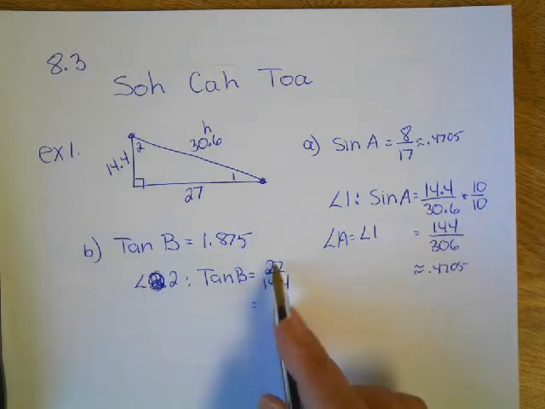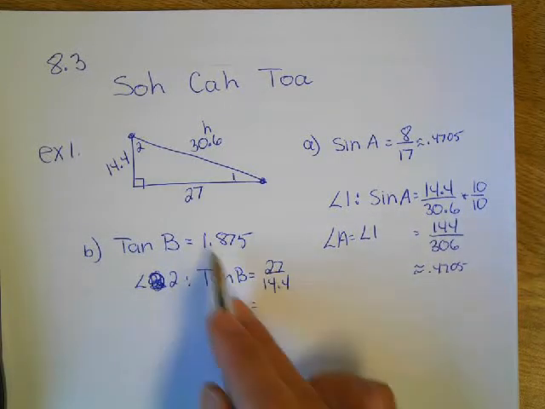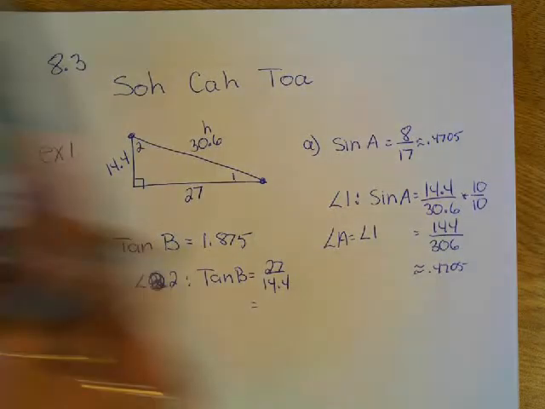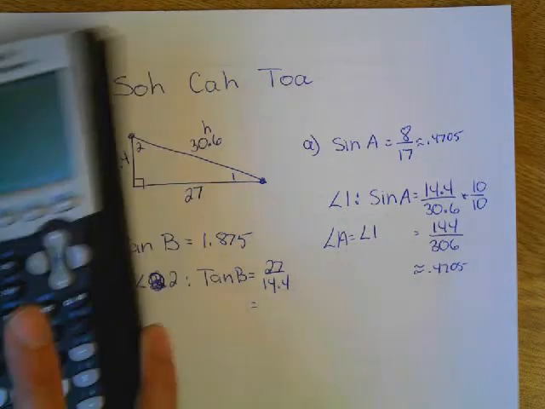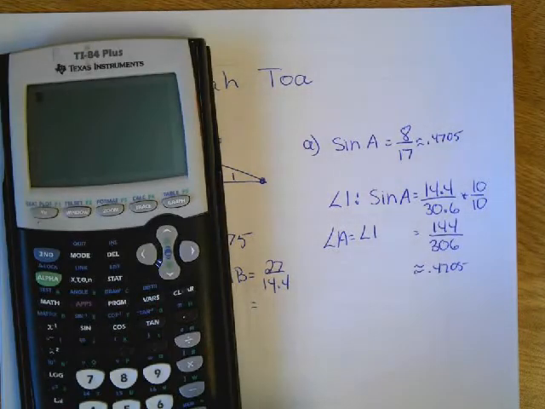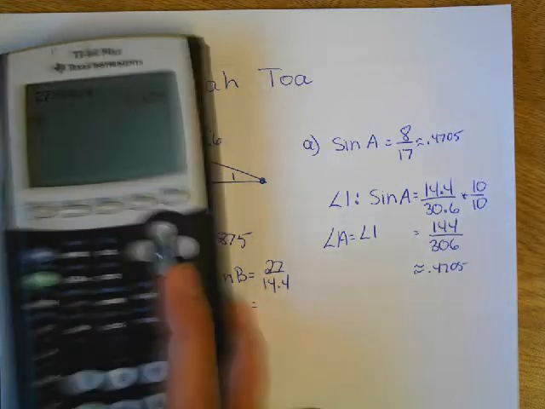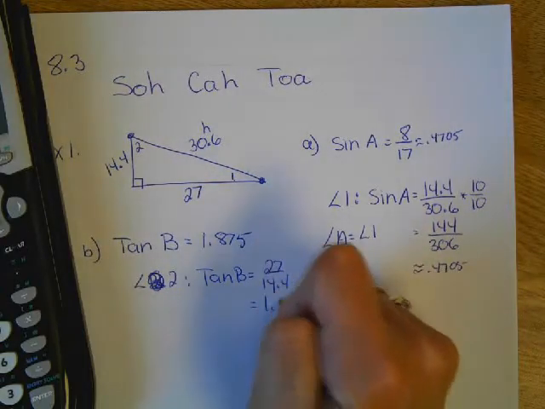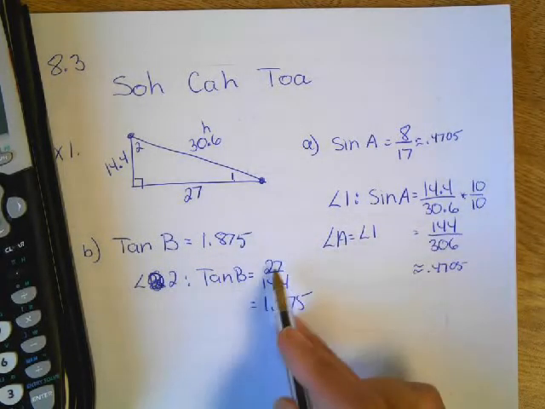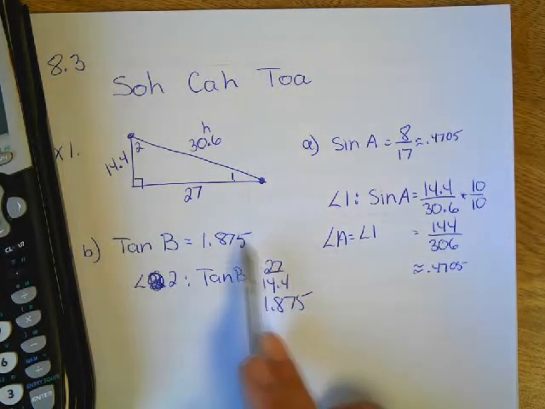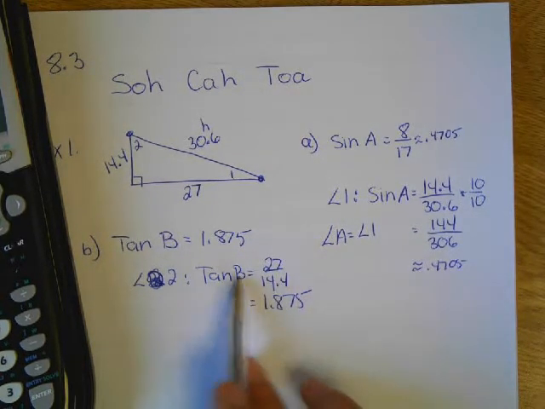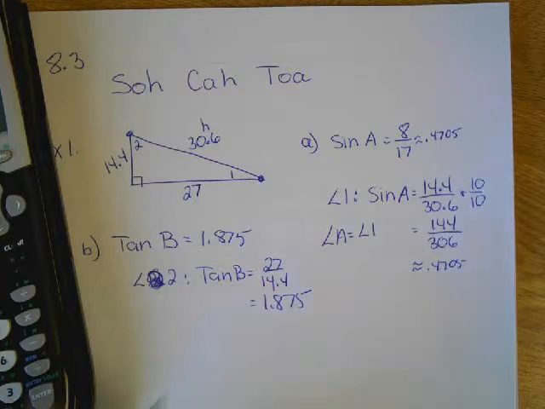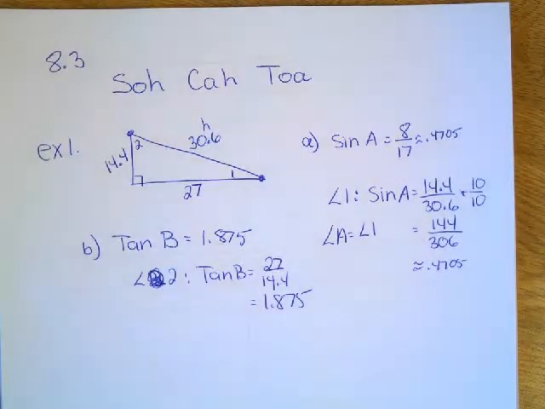And now 27 divided by 14.4, top number's bigger, we're good. 1.875. For some reason I was seeing 17 there. I don't know what I was thinking, but it is. So angle B would be angle 2 to have that tangent ratio. So got lucky both times. Moving on.